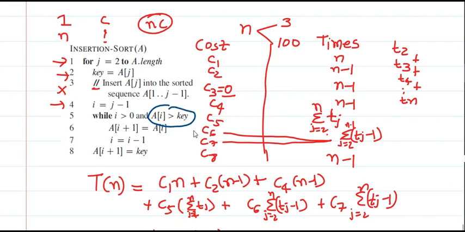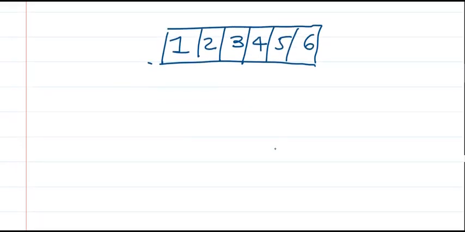So this particular condition will always be false, and we can directly append the key value to the already sorted list. So there will be only one comparison corresponding to this line, and since this comparison will be false, line numbers 6 and 7 won't be executed at all.